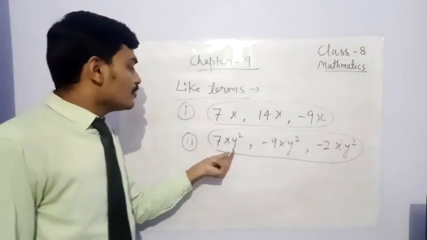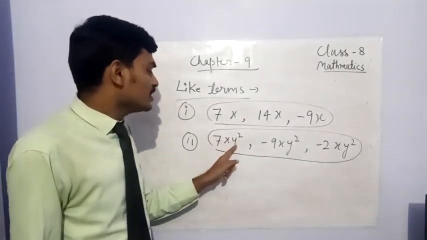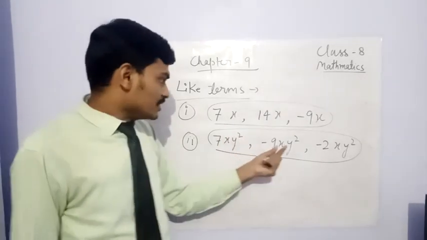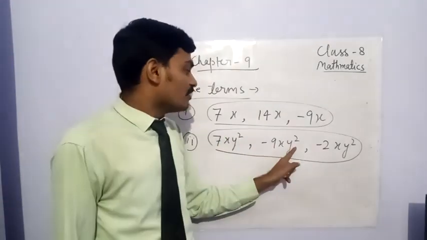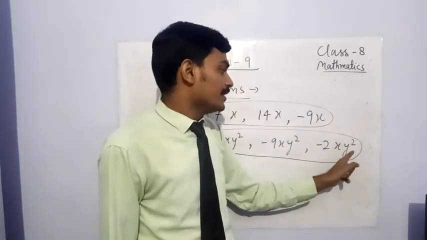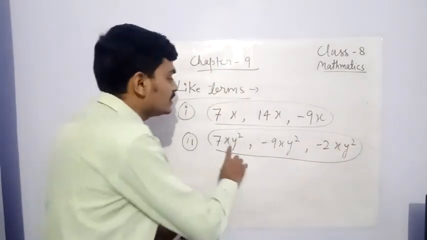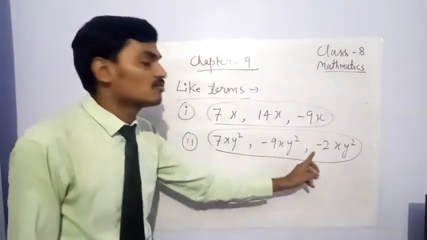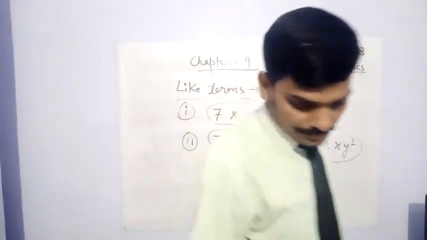In the second case base is xy, with x to the power 1 and y to the power 2, in all three terms. So in this case base and power both are the same, so we can say that these are also like terms.